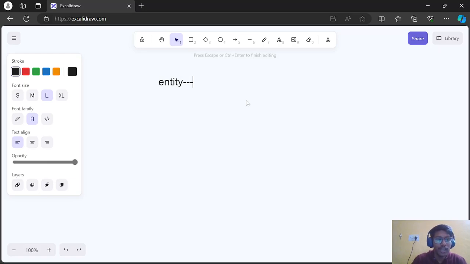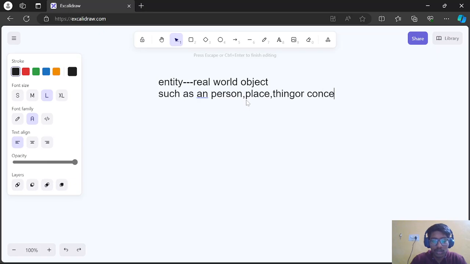An entity basically means a real world object, such as a person, a place, a thing, or concept.